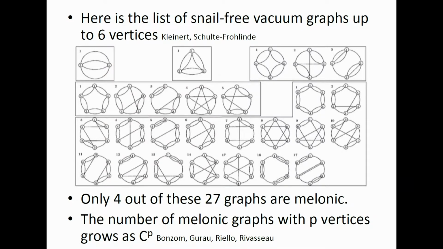By the way, I want to stress that these are only snail-free graphs. So here I've dropped all the graphs that appear in the vector model, right? In the vector model, there are additional graphs if you retain snails. Of course, you can dress up each of these graphs with additional snail insertions. The reason why snails are often not so important in higher dimensional theories is that all they do is mass renormalization.